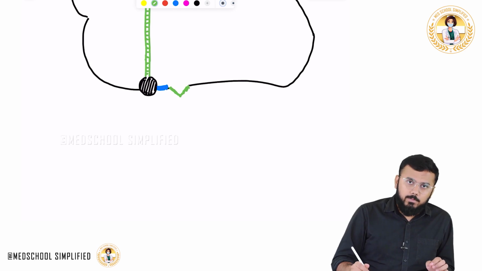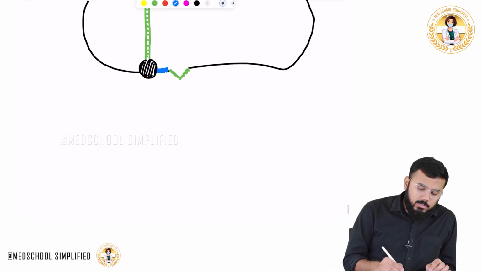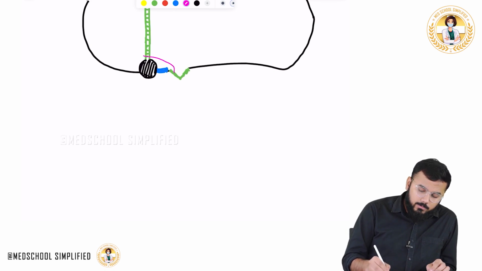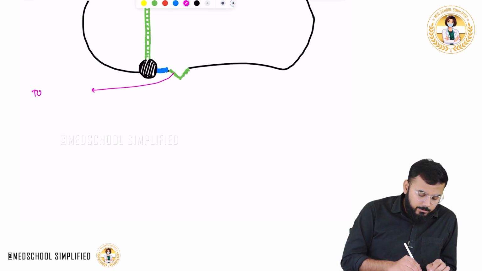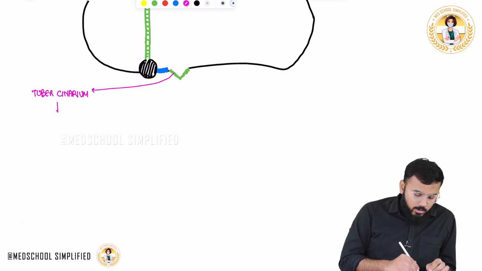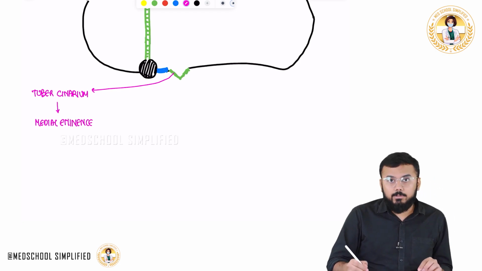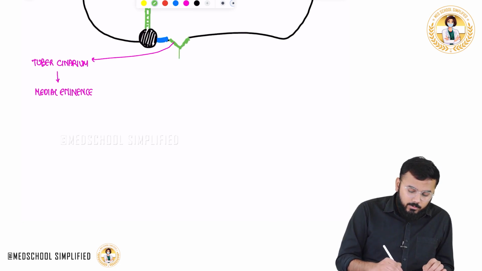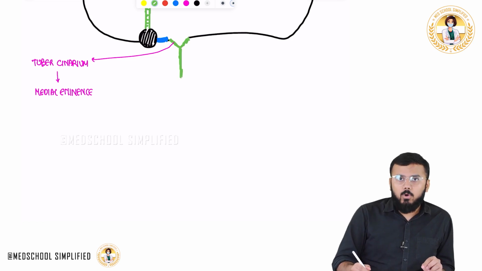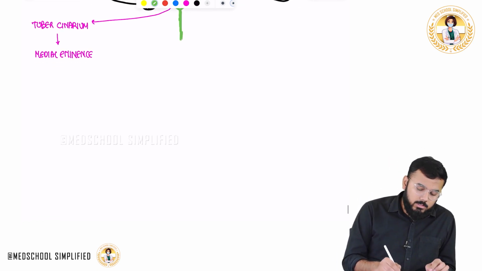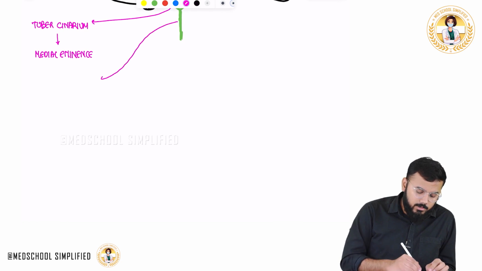This is called the median eminence. Now down to this tuber cinereum, you have another important structure like this. This structure is called your infundibulum or pituitary stalk.